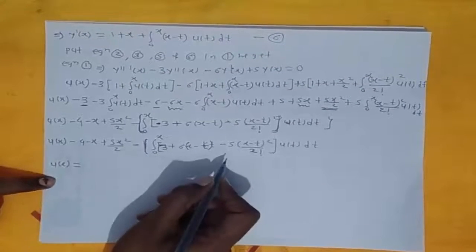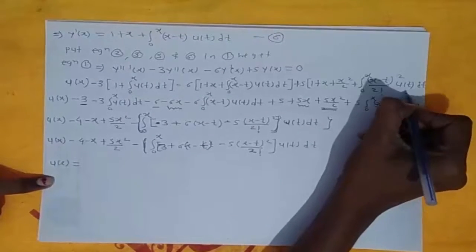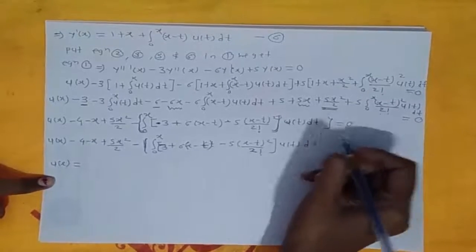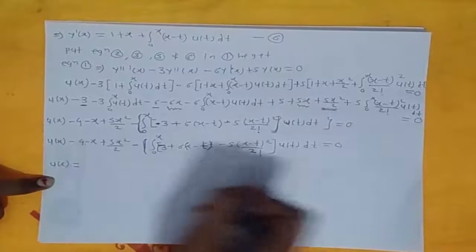We shift all this term on the RHS. Here the equal to 0 will be missing, that is equal to 0. Then we shift all this term on this side.